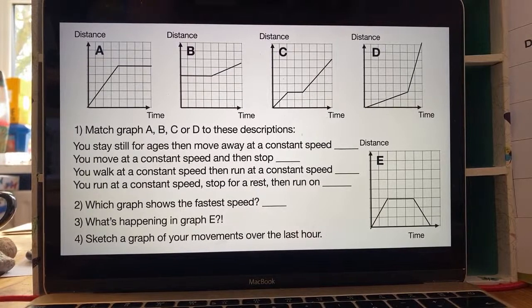Yeah, I think that's right. Yeah. How are you getting on? Should we go through the answers? Have I gone too fast? Have I gone too slow?